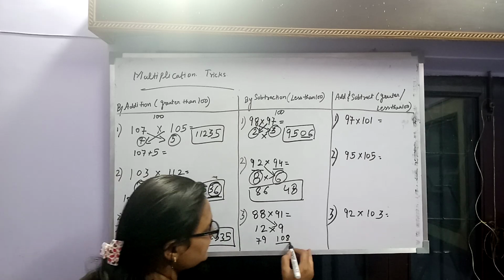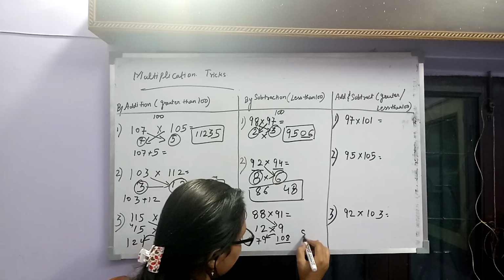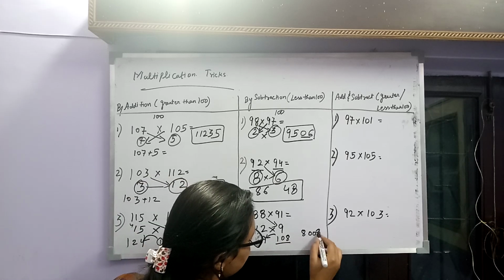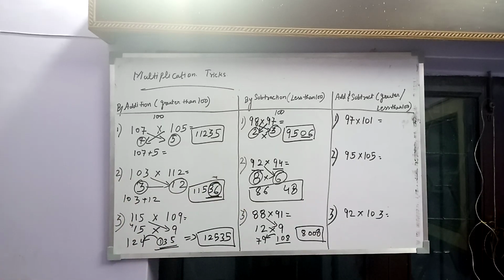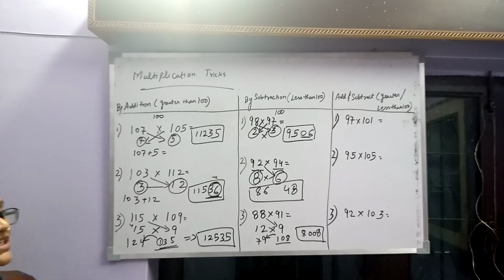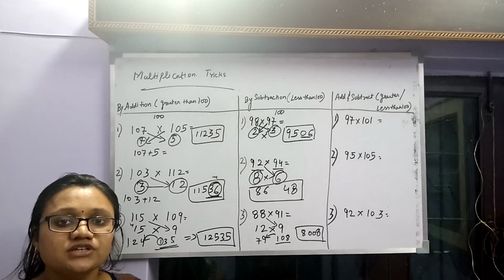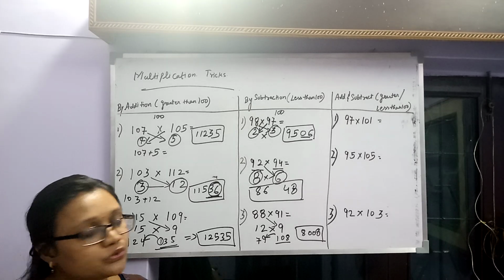Again, here we are getting 3 digits, so we add 1 here and we get 8008 as the multiplication. This is how we do the questions in which we have to do subtraction. You can pause the video and try to solve this type of questions so that you can understand how to do it.